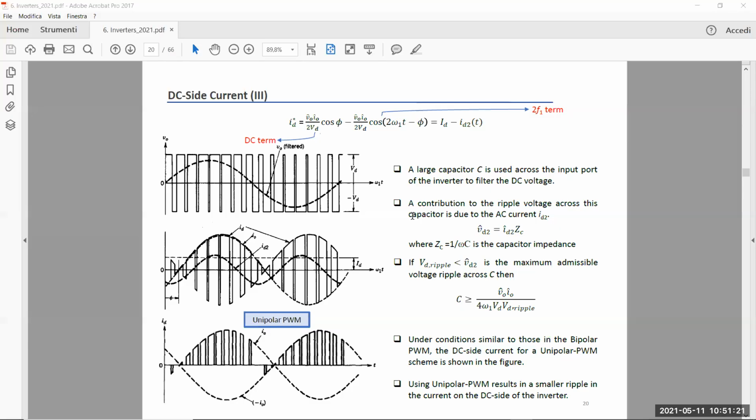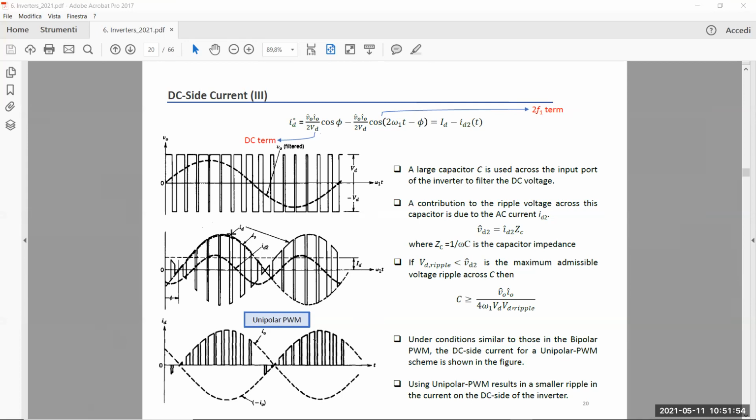Okay, here you can see the same discussion that I made before. You have the expression of the output voltage, bipolar configuration, and the current. As you can see in the second drawing here, you have I naught, the average quantity, the sine wave here, with frequency f1.